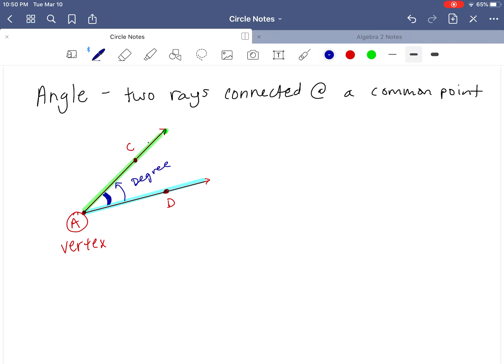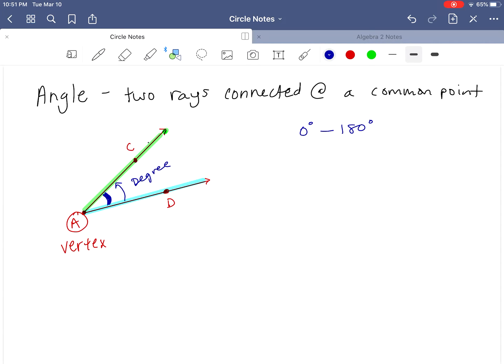For example, you might give an angle measure that's 35 degrees or 90 degrees or 120 degrees, all different measures. And most of the time you're gonna have degrees from 0 degrees all the way to 180 degrees. That kind of just depends on the problem. An angle that is 180 degrees would be flat.